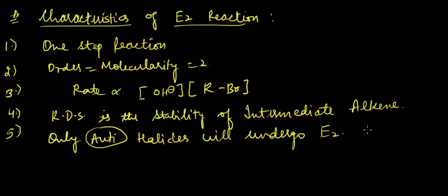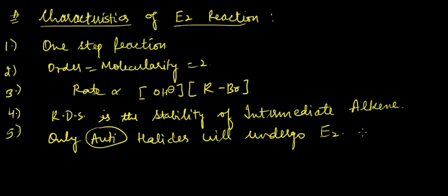And why am I saying this? If you look at the mechanism, it's a one-step process in which two bond formations and two bond cleavages happen at the same time. Hence the base, OH minus or alcoholic KOH which we saw as the reagent, attacks on one side, and then Br must be leaving from the anti position of the nearest carbon. So the beta Br would be leaving from the anti position.